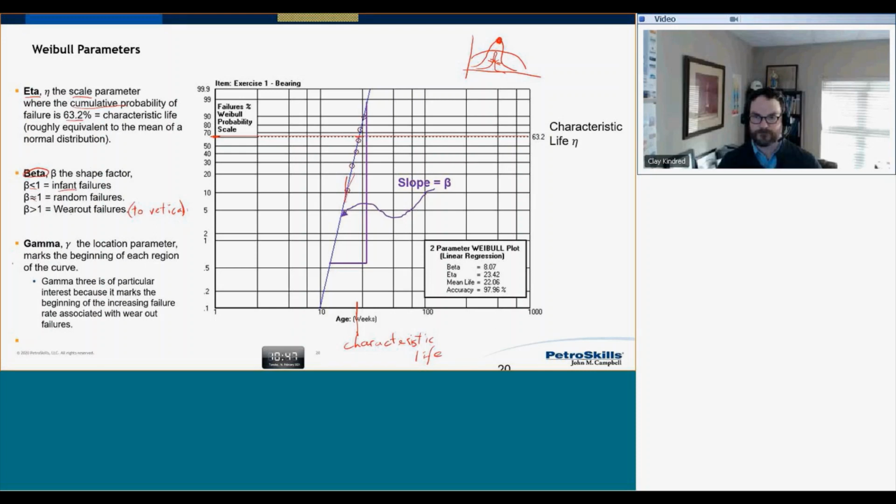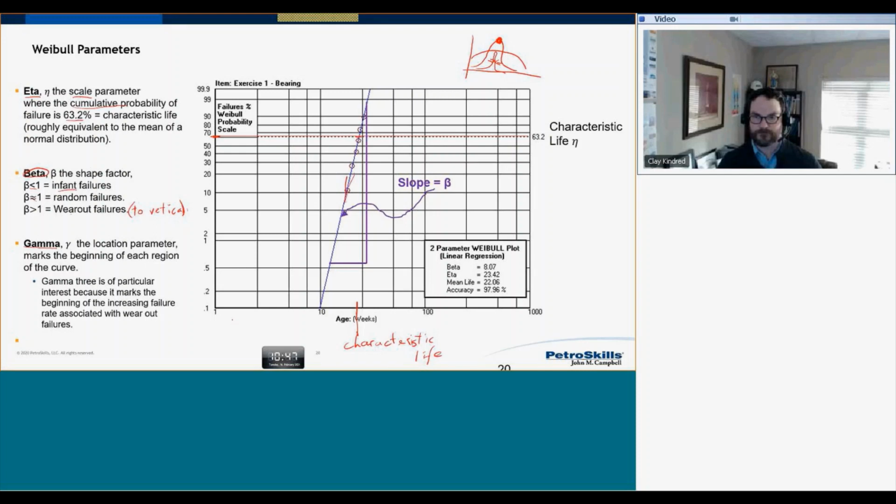Now, there is a third term in there, which is called gamma. Gamma is, well, there's three different types of gamma. The one we're mostly interested in is that time where the failures start. So let's say you've got a gamma 1 of, let's say, 5,000 hours. That means for the old equipment you've used and all of the history that you have, none of these things have failed at less than that many hours.